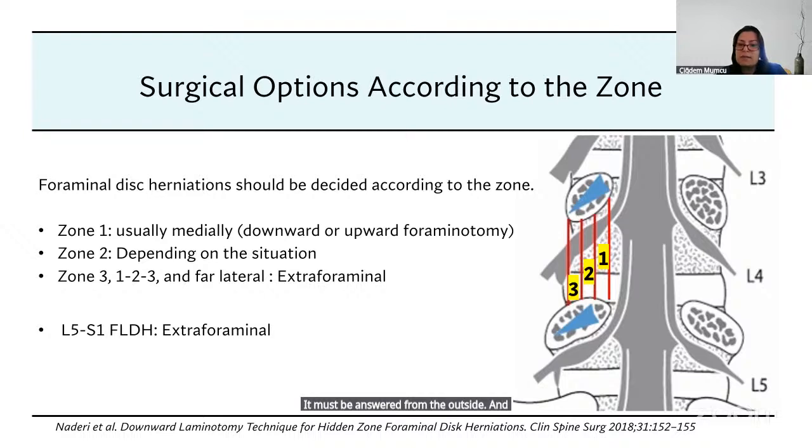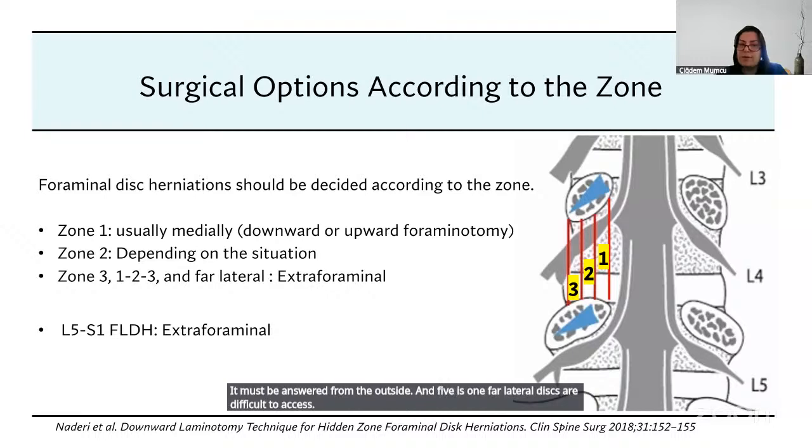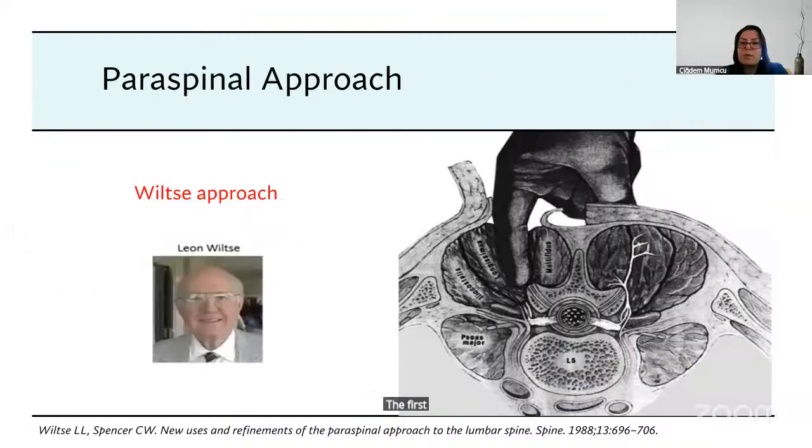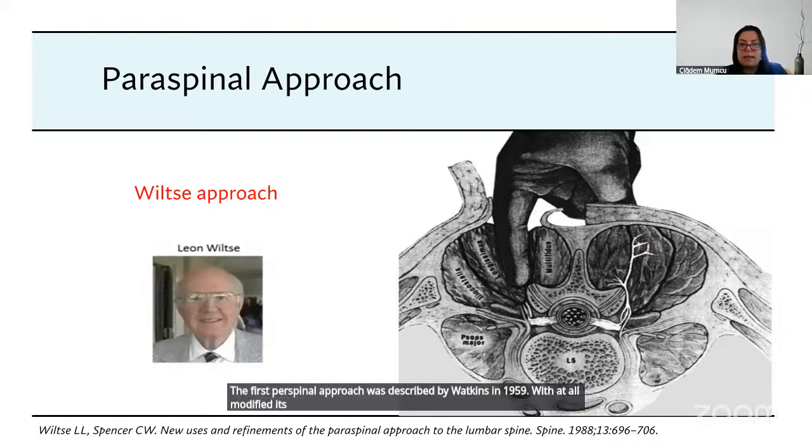L5-S1 far lateral discs are difficult to access. The first paraspinal approach was described by Watkins in 1959. Wiltse et al. modified it in 1988. Paraspinal UBE is similar to the Wiltse technique with an endoscope.